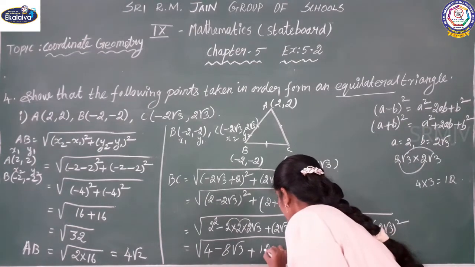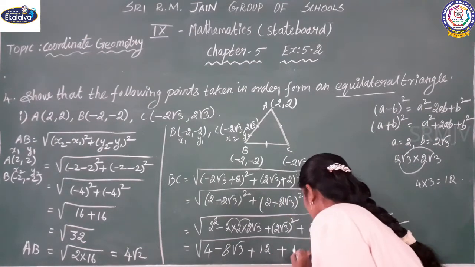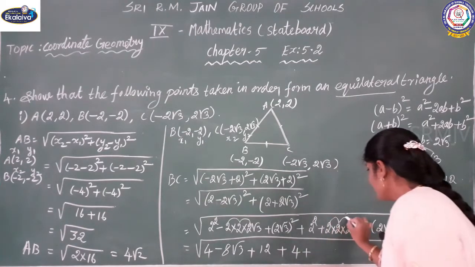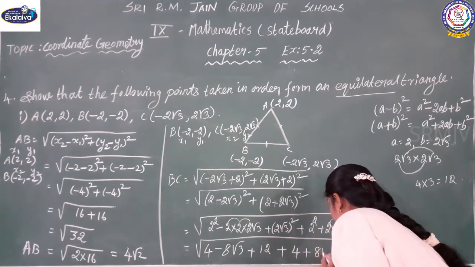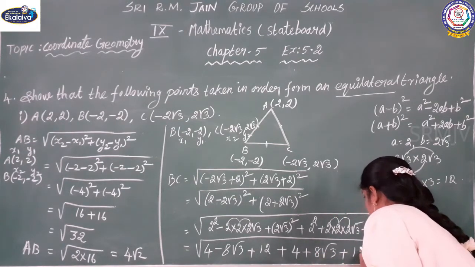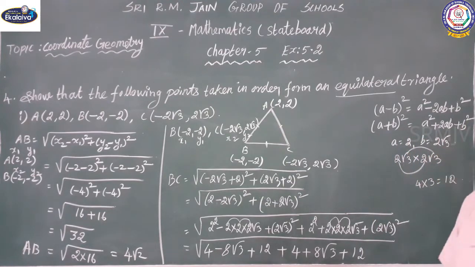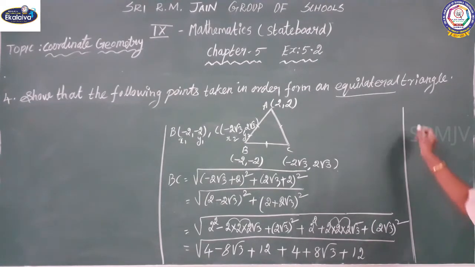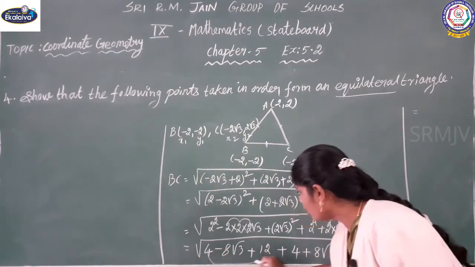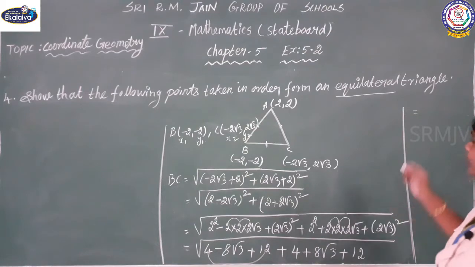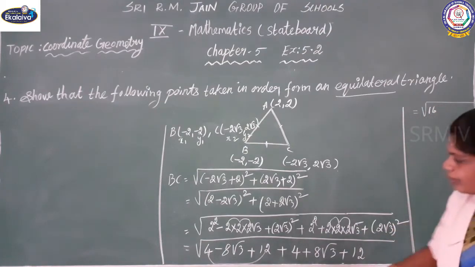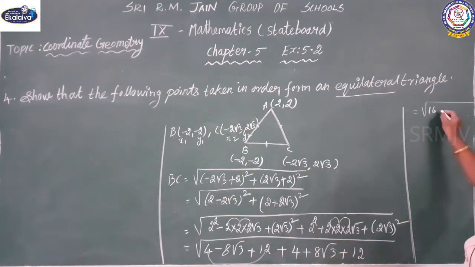So 12 plus 2 square 4, plus 2 2s are 4, 4 2s are 8, 8 root 3 plus 12. Now we should add here 4 plus 12. 4 plus 12, what will you get children? 16. So root of 16 and minus 8 root 3.